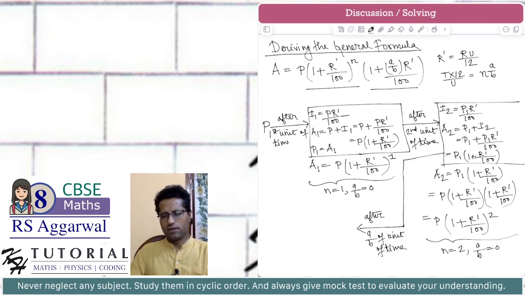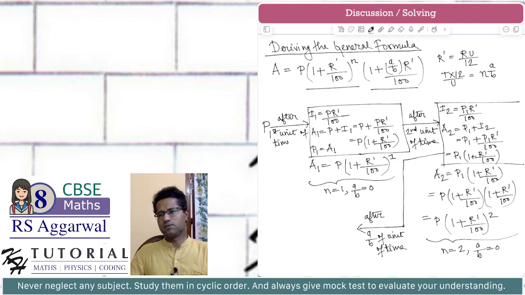Why are we calculating the interest after a by b of a unit of time? Because t multiplied by 12 by u came to be n and a by b, and a by b was not 0, it was a fraction. So n is the whole part, that is the total number of complete units of time, and we are left with a fractional part of a unit of time, that is a by b.